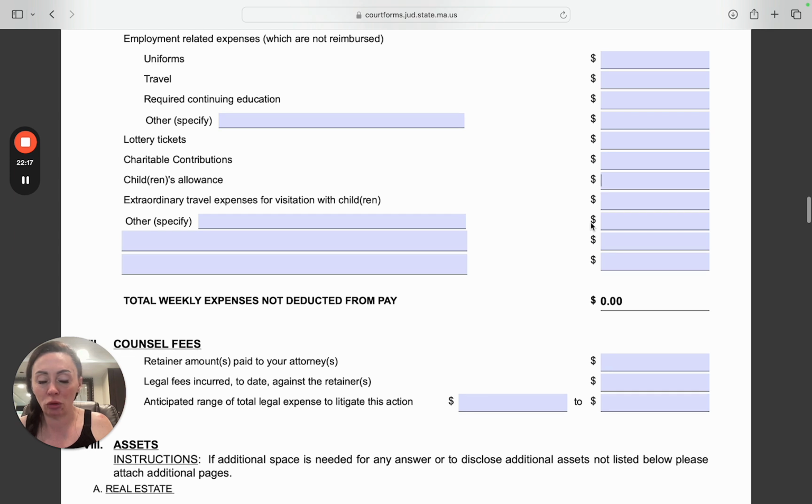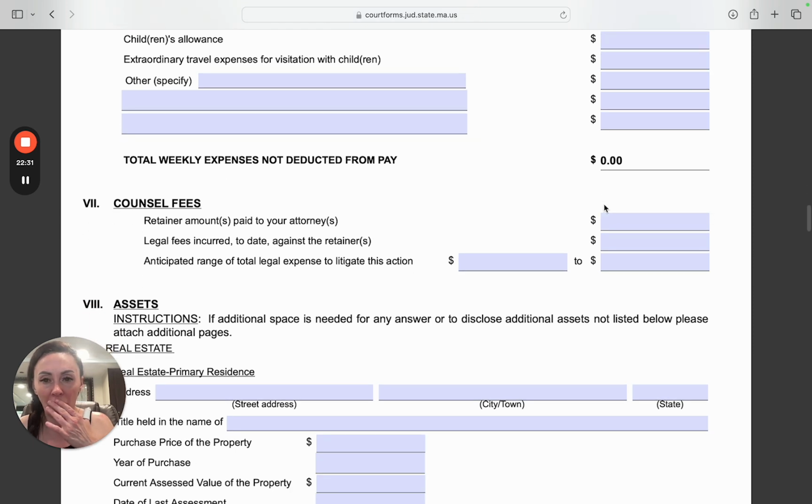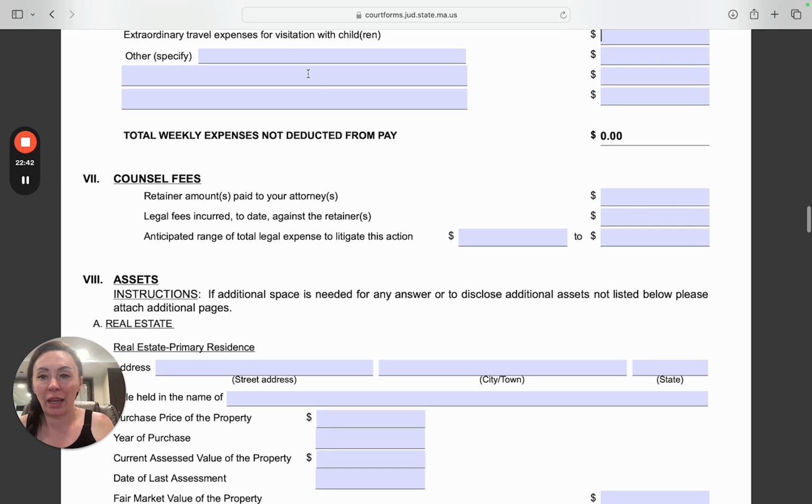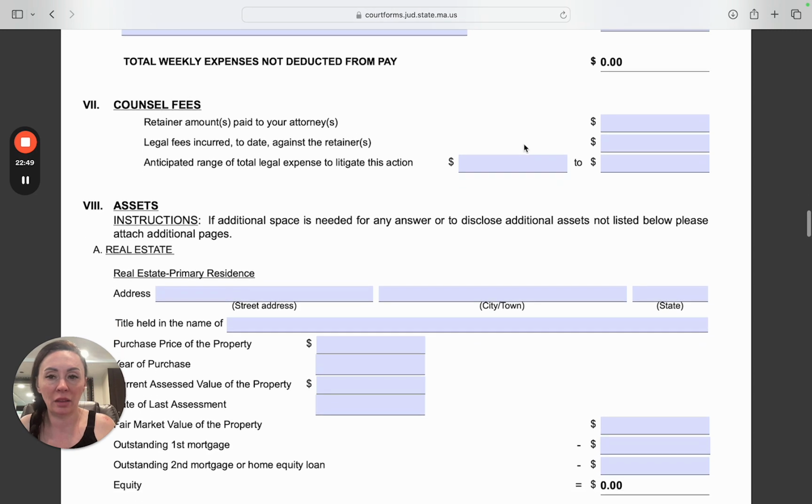Again, we've got to make sure that the numbers are weekly, and if you're putting a figure down, leave a trail on how you came up with it, whether you took a rolling average or otherwise. Maybe you have to travel far to visit your kids. There's a line item for that as well. And then, of course, we've got the catch-all category for other expenses that don't fit into one of the above buckets. Go ahead and list them there.